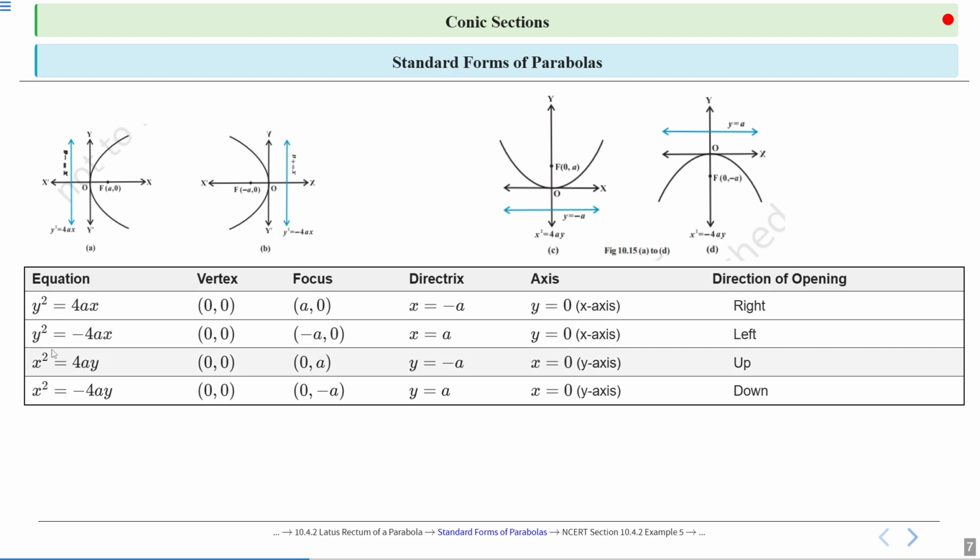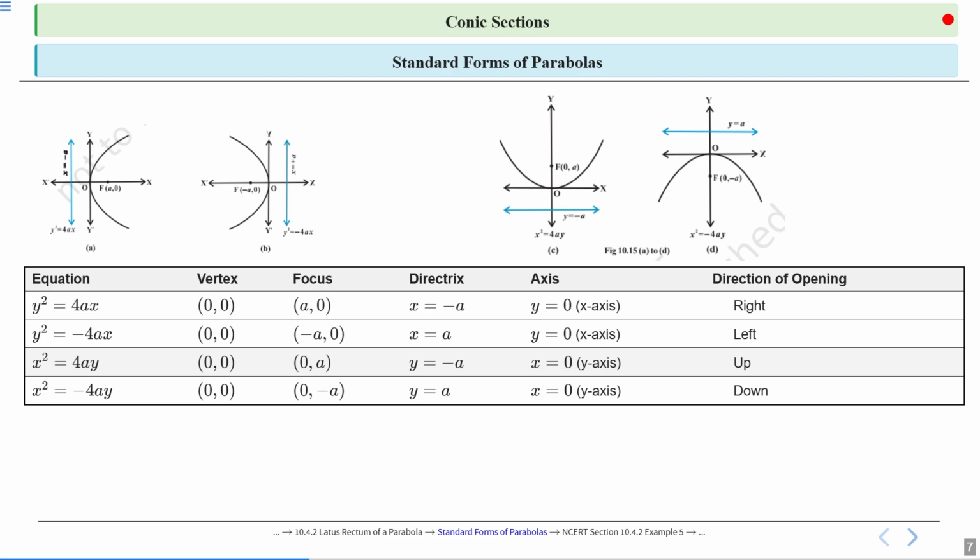For y square equal to minus 4ax, the vertex is at the origin (0, 0), the focus is at (minus a, 0), and the equation of the directrix is x equal to a. The axis of the parabola is the x-axis, that is y equal to 0, and this parabola opens to the left.